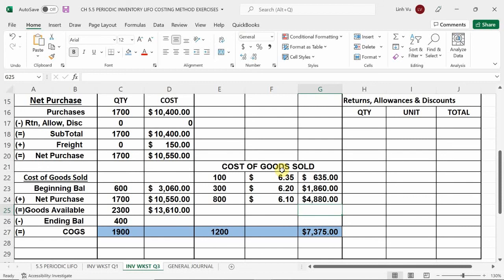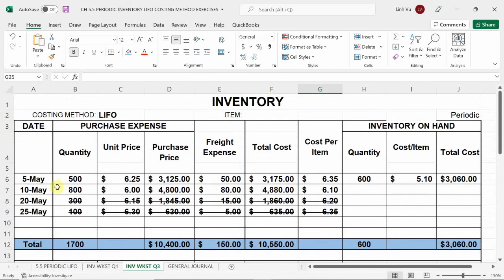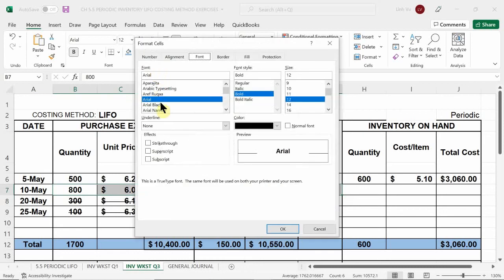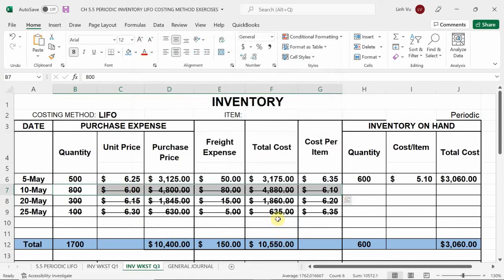I still need to sell 700 more units. So in this case, which batch am I going to sell out next? I still need to sell May 5th, right? In this case, all of it or some of it. We're going to end up getting rid of all of it.